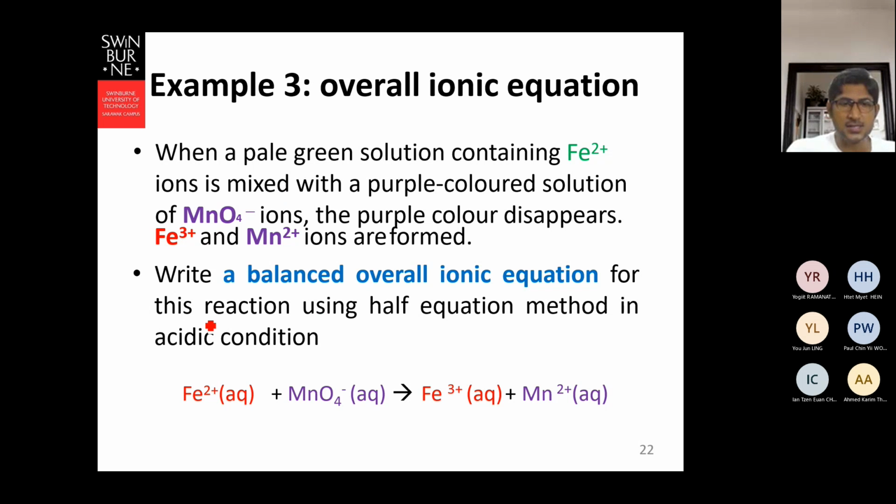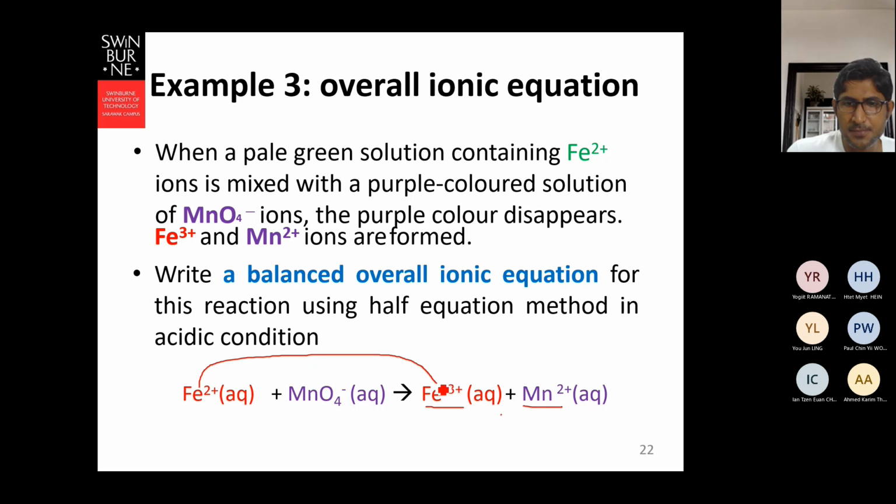So one of them is iron and manganese oxide. They are reacting and producing iron and manganese. So can anyone tell me where is oxidation and where is reduction happening?